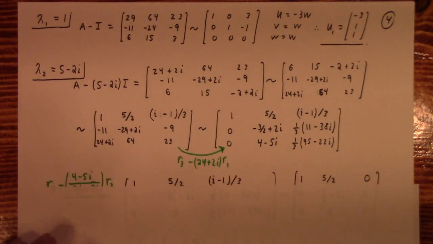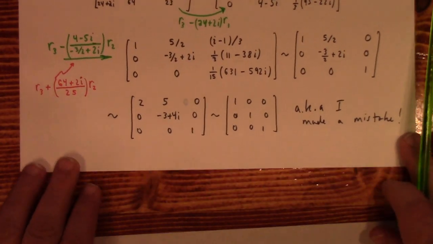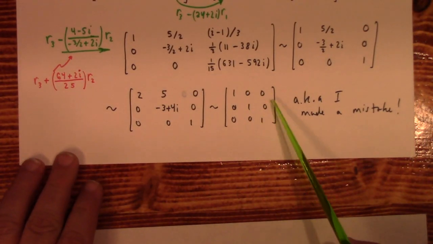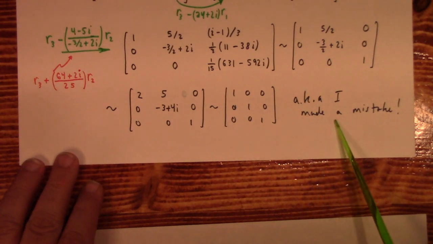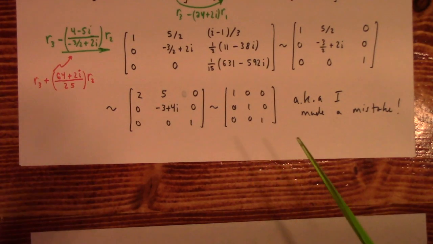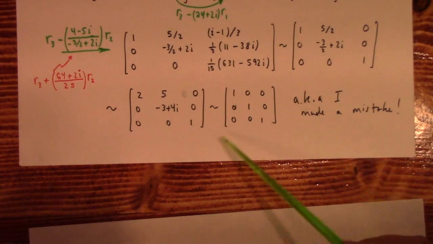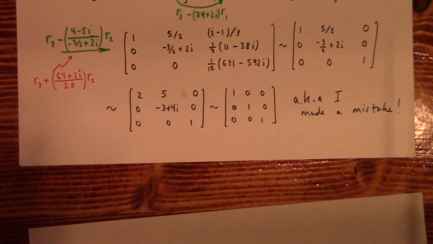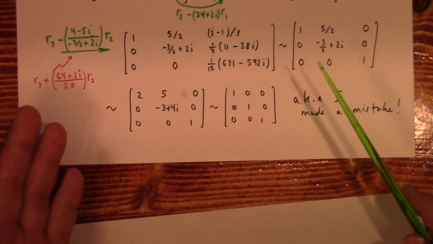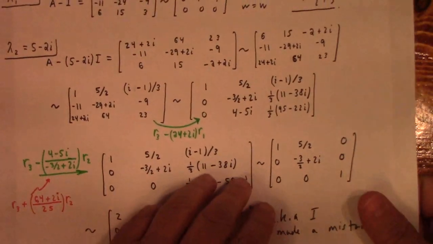So I do some steps, and some more steps, and some more steps, and oh, look at that, I got the identity matrix, which means I made a mistake, because that means the only solution to the original equation is 0. 0 is not an eigenvector, which means I'm either wrong about the eigenvalue or wrong about this row reduction. I know I'm wrong about the row reduction. I don't know where the mistake is, but there's a mistake somewhere in there.